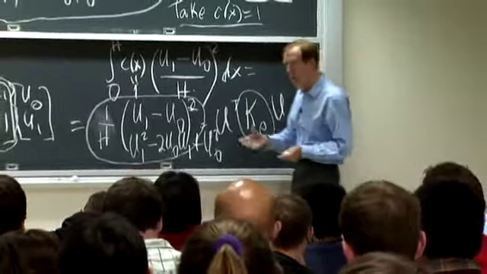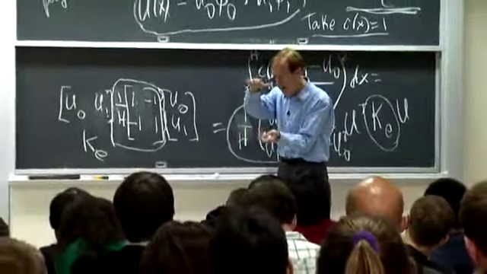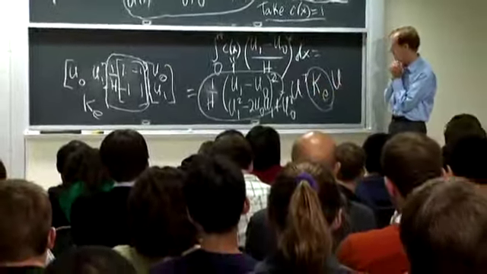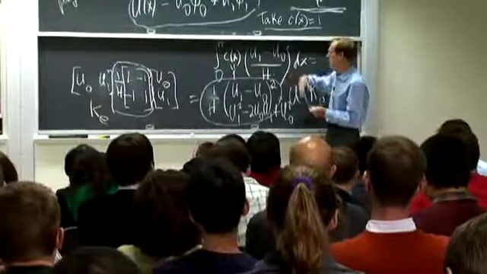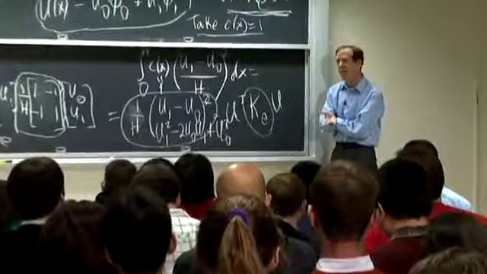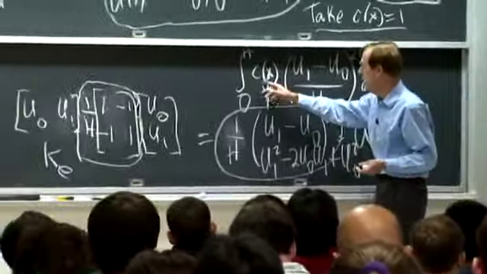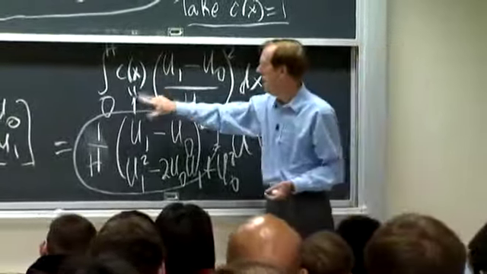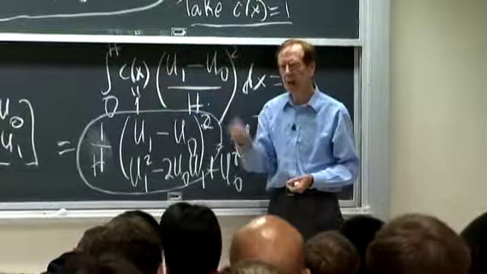Suppose the material could be changing width, so its stiffness would change. In other words, I'd have a variable c of x that I should integrate. Probably finite element systems aren't set up to actually do the exact integral. What would they do? For that simple integration, they would probably just take c of x at the midpoint.